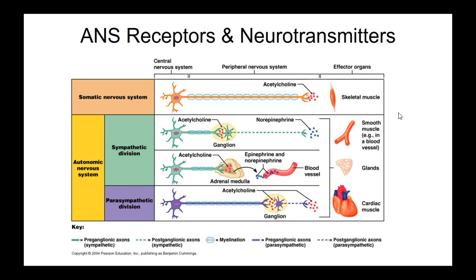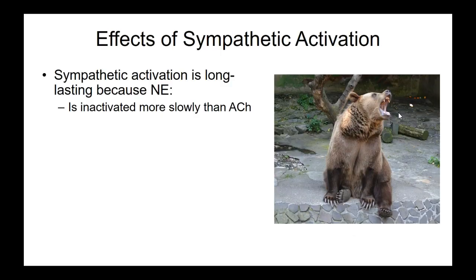Sympathetic, right? If it was releasing acetylcholine, which division would it be? Parasympathetic, right? Okay. So we're greatly simplifying what's going on, but this holds true most of the time. All right?